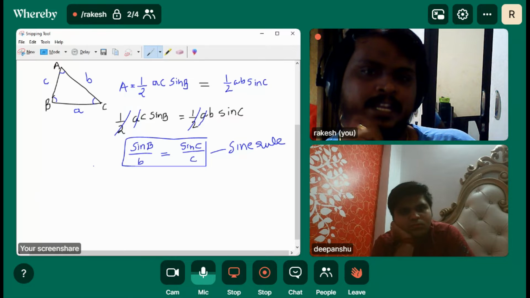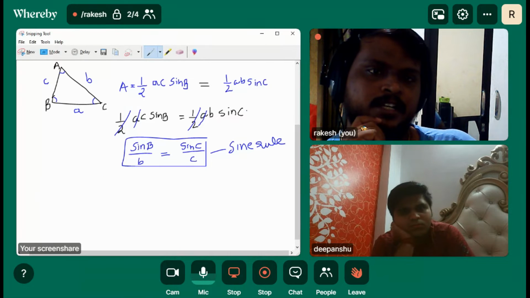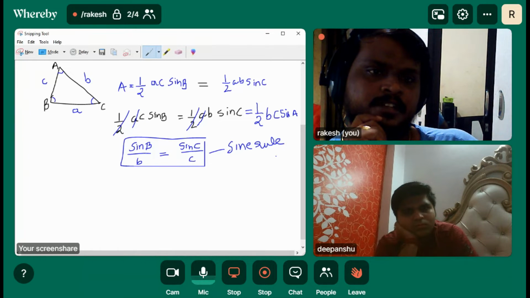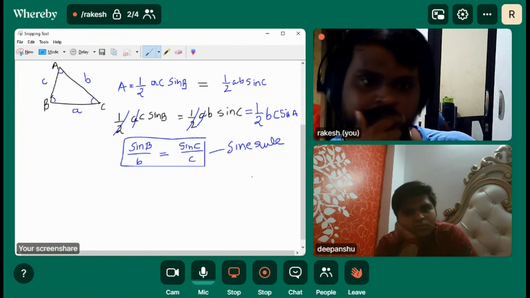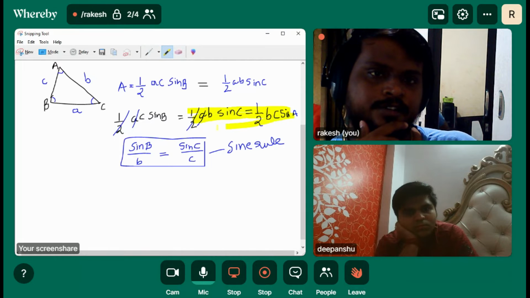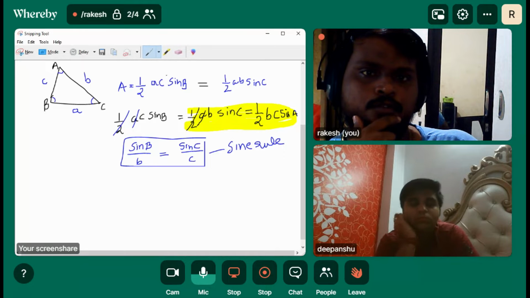Now we can even take this same area as half BC sin A. Now if you take these two sides together, what are we getting?